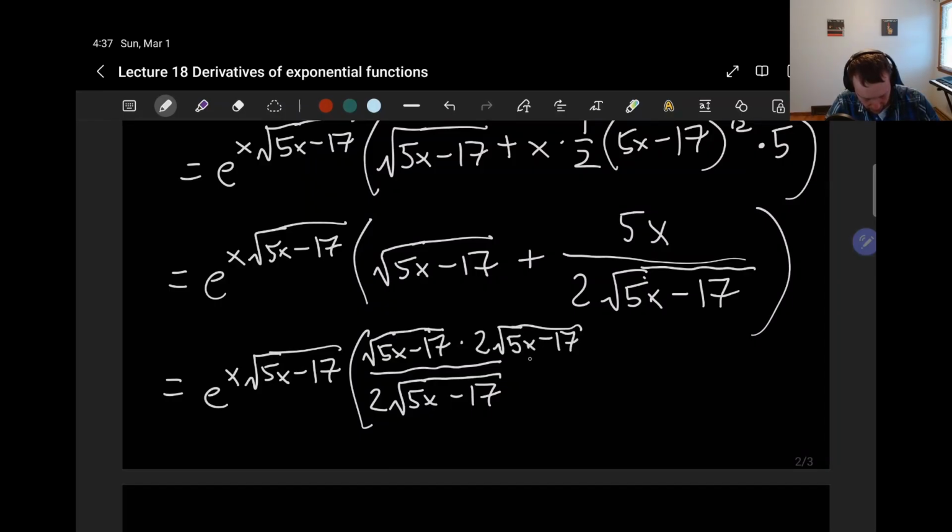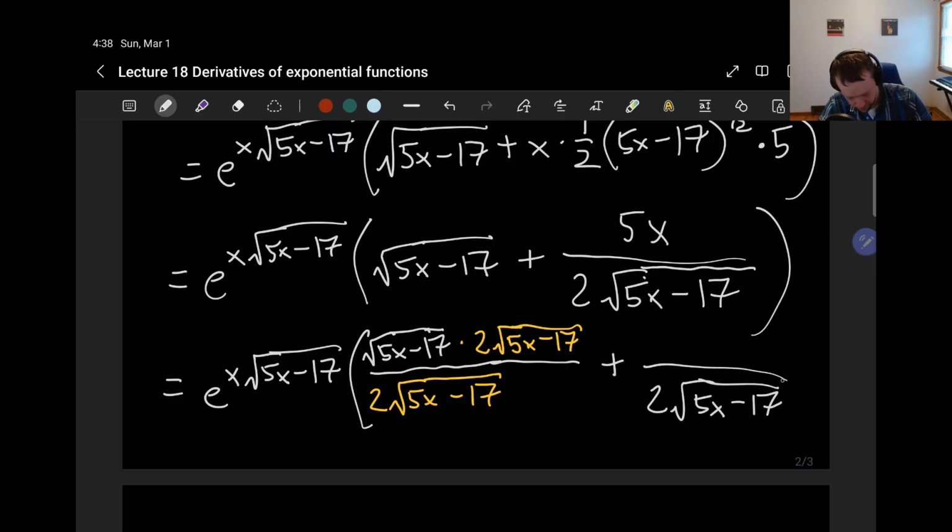So let me highlight. This is the new stuff that I threw in, so that I can get a common denominator. Right, we have that same denominator over here. So this part does not change.